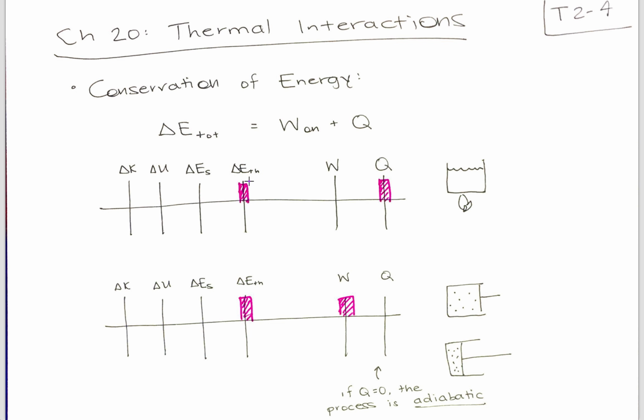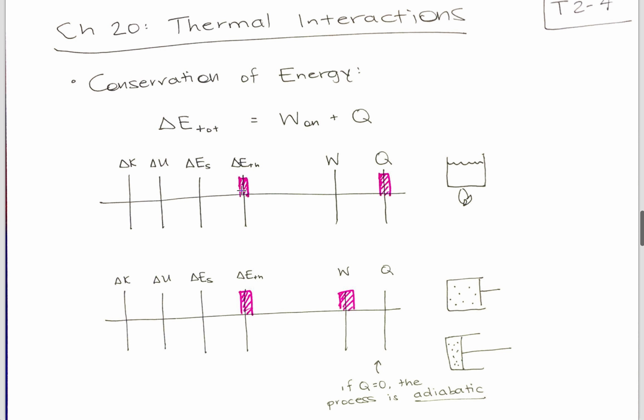So to show that its temperature increases, we say delta E thermal is positive. And to account for that change in thermal energy, we'd say, well, it made contact with something hot, and so that is referred to as Q. And so Q here would be positive. So our delta E_th is positive and our Q is positive.